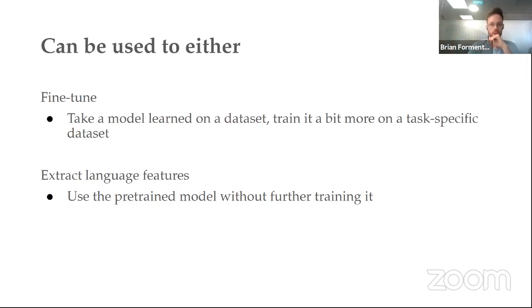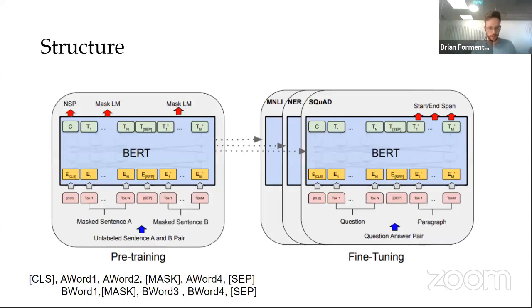Right? So this is the structure of BERT. We're going to mostly focus on fine-tuning, which is this part, but let me briefly introduce how they pre-train it. They use two tasks: the masked language modeling task and the next sentence prediction task.